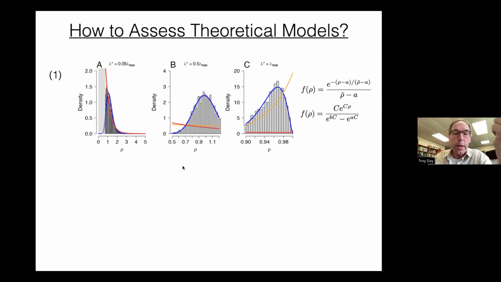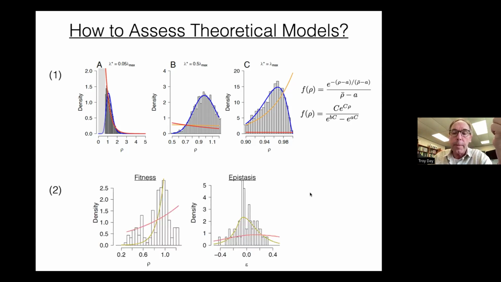But there's also maybe a more useful way. Well, there are two more useful things I think you could do than just that. One of them is you could try and make predictions about not just the distribution of fitness effects, but the distributions of other things. So as Aaron mentioned, there was no epistasis in what we're talking about in these previous plots. They're sort of marginal distributions. But in Fisher's model, I could use that model to make predictions about what epistasis would look like.